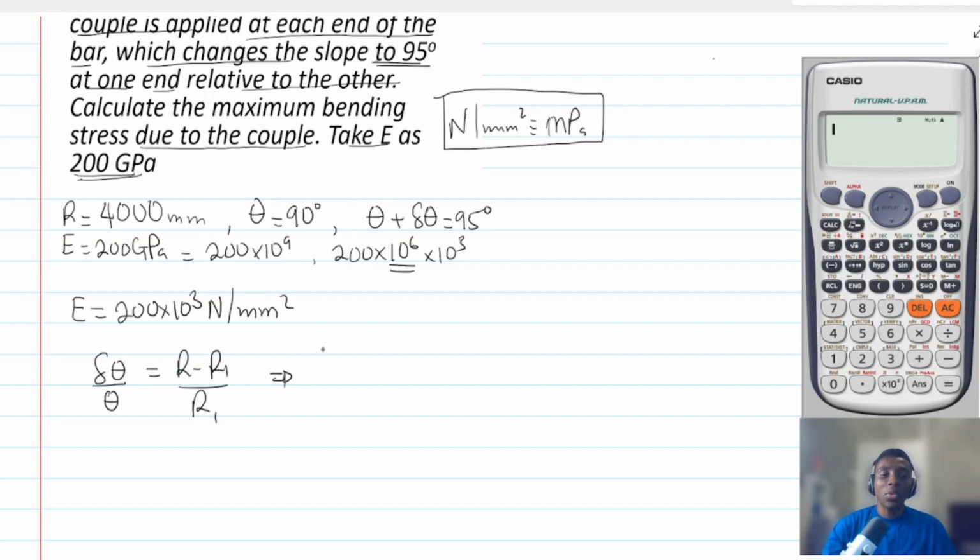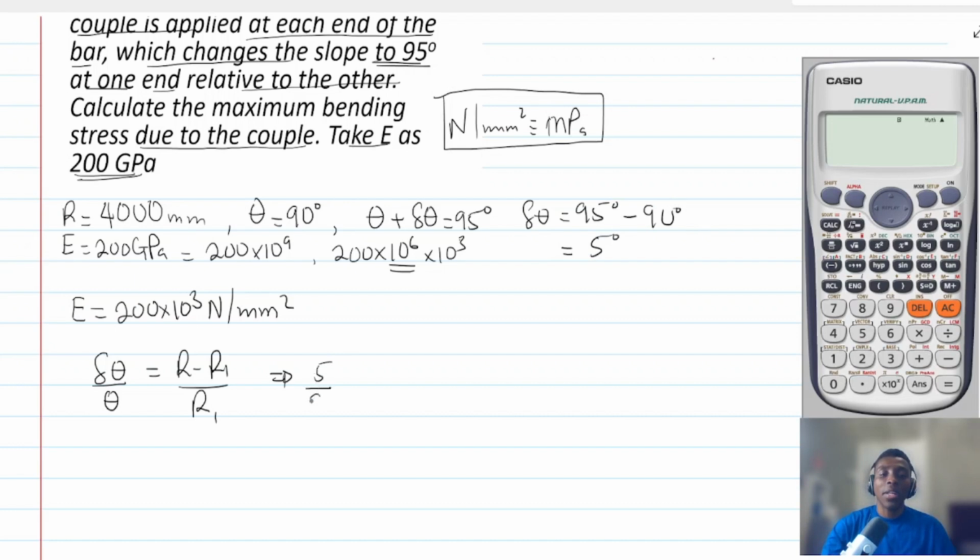So the change in angle is very simple. The change in angle is the 95, which is the new, minus the original, which was 90. So the change is 5, but the original is 90.